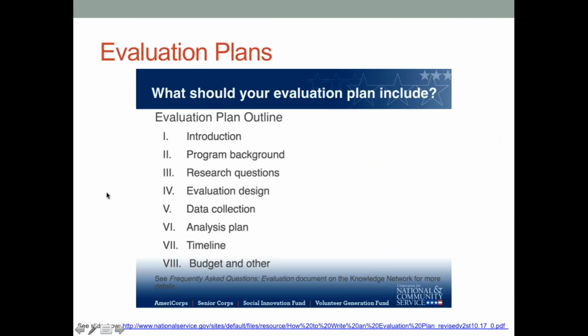This is what CNCS says is a typical evaluation plan, and so this becomes your outline for that section of your application: program background, your research/evaluation questions, your evaluation design, data collection, analysis plan, timeline, which we'll talk about in a minute, and then budget. We'll talk a little bit more about budget too.